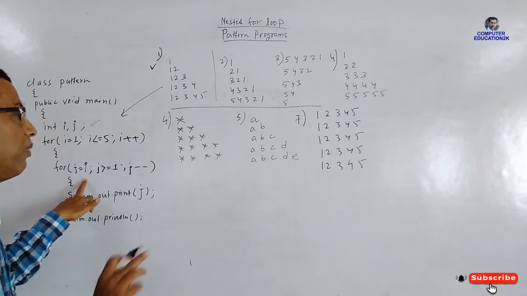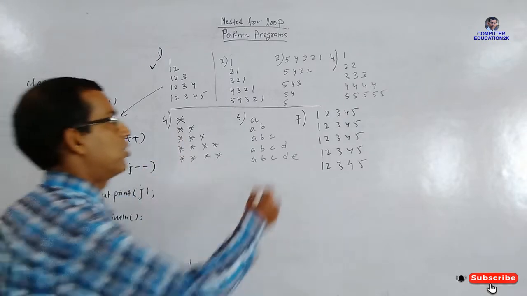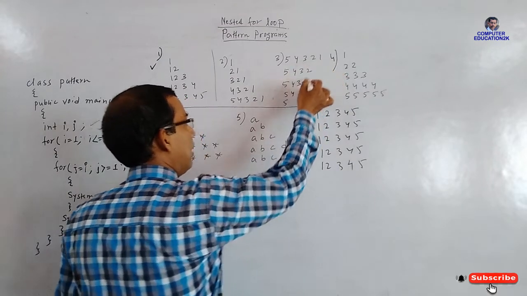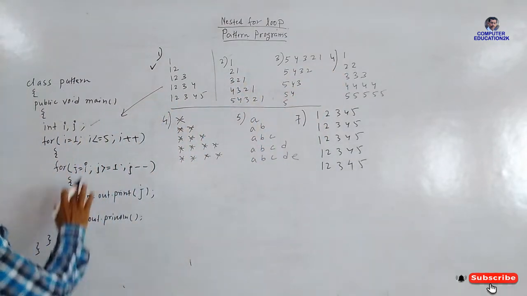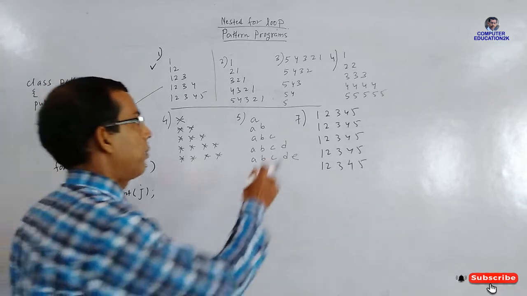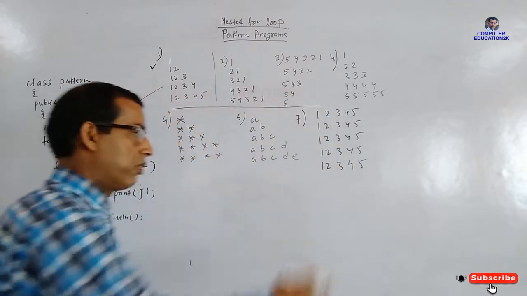So you can see the 5 is fixed here, but at last the values are changing. This 5 is fixed, but at the end the values are changing. First time it was 1, then it was 2, then 3, then 4, and at last it is 5.